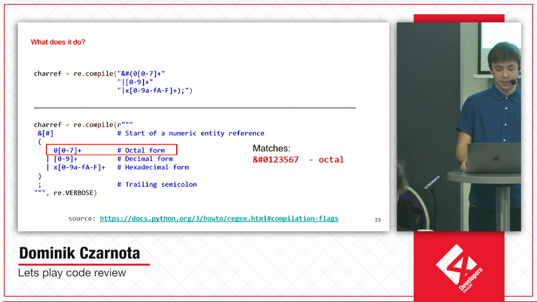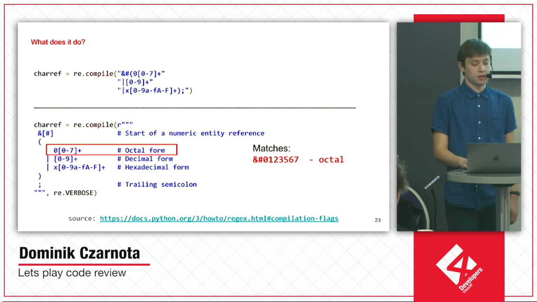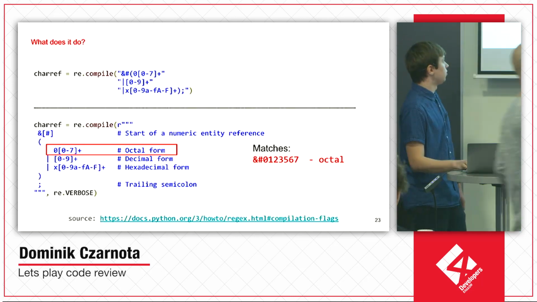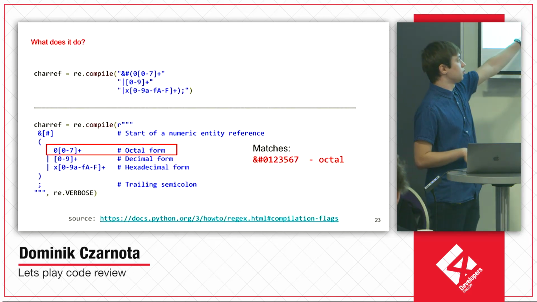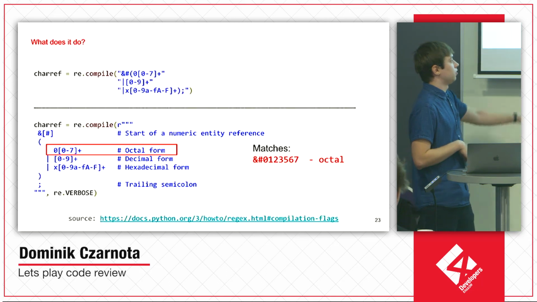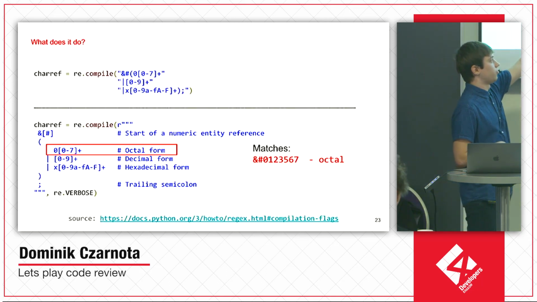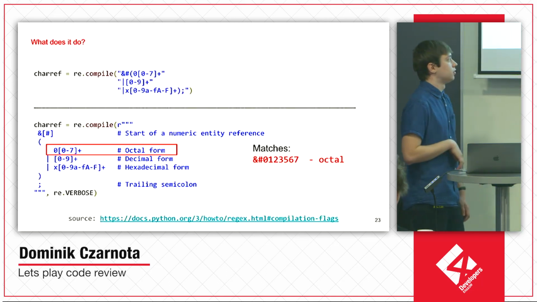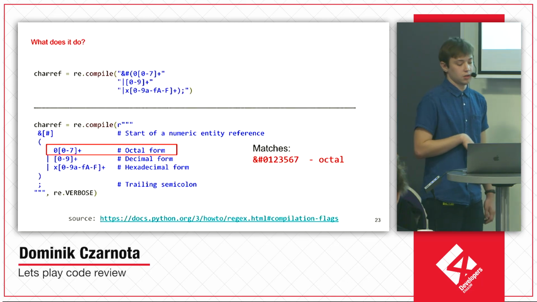Okay, but if you would rewrite it into something like this, the thing here is that you could use the verbose flag whenever you compile a regex, and this lets you introduce comments inside of your regexes that would inform the user what's happening here.